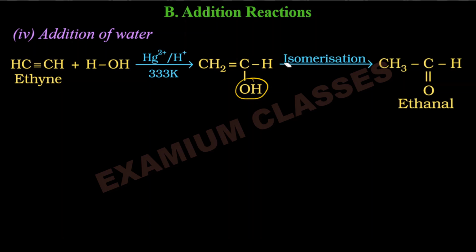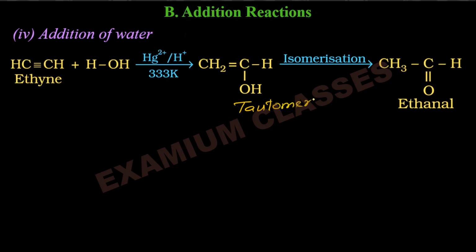Next, what happens? Isomerization takes place. Isomerization basically moves the hydrogen from here to here. When a hydrogen moves from one atom to another atom, this type of isomerism is known as tautomerism.